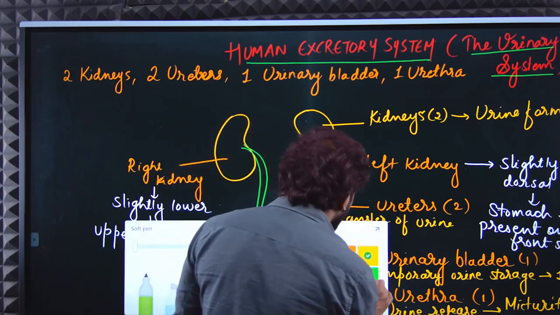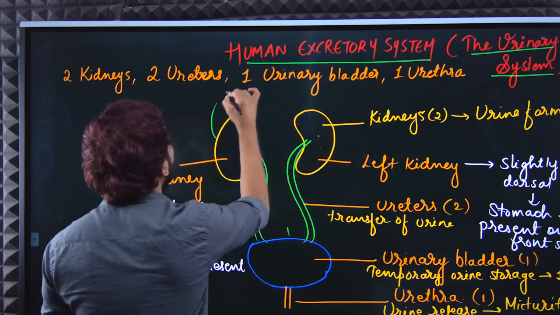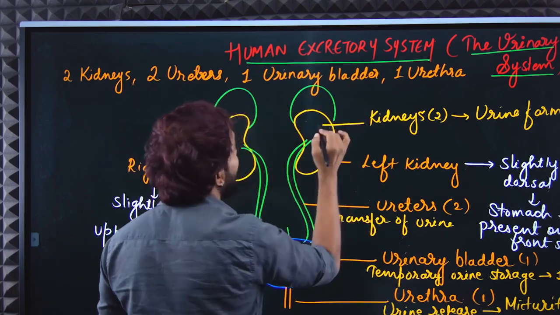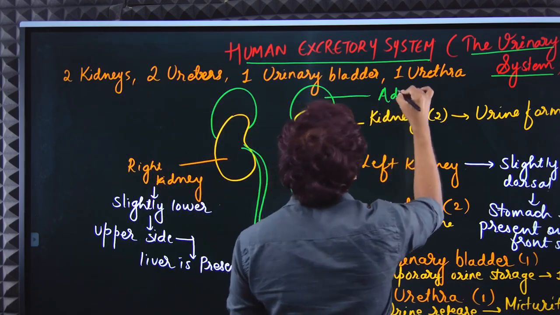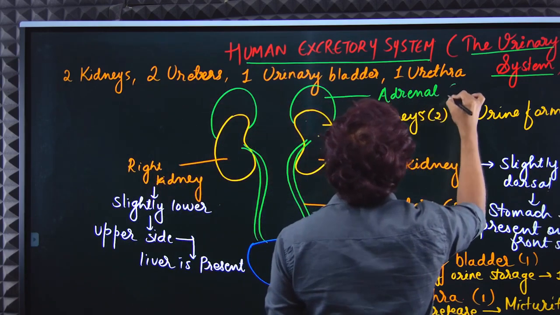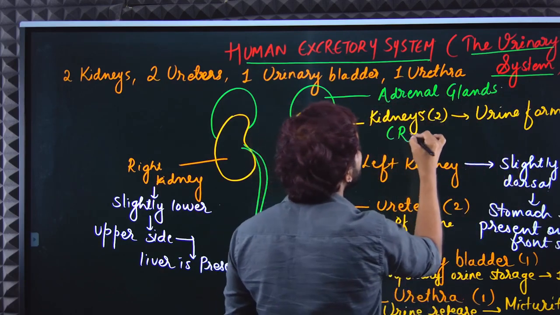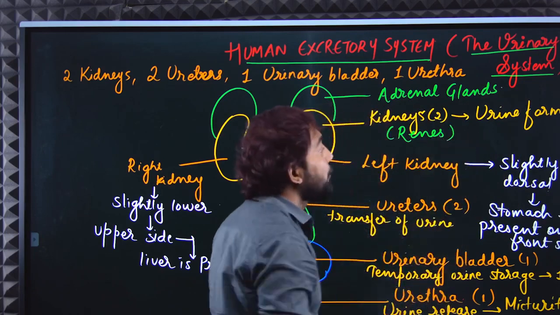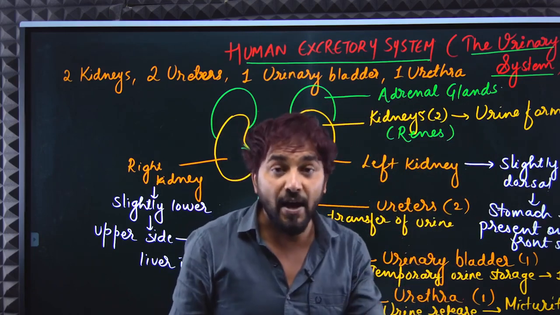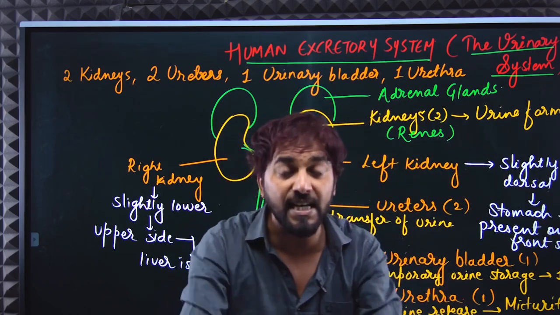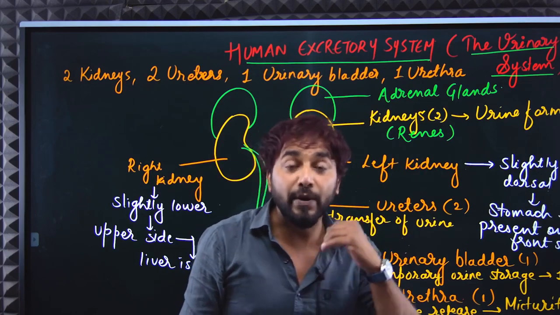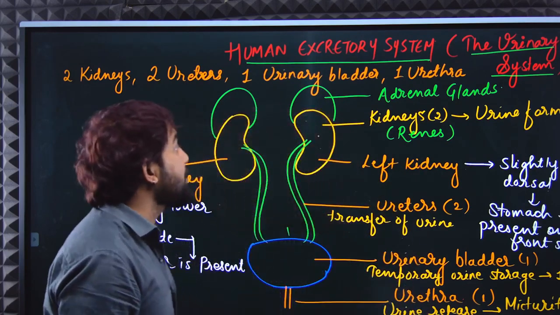Here you have glands called adrenal glands. Why adrenal? Because the kidneys are scientifically named as renes, and the glands above the kidneys are called the adrenal glands.